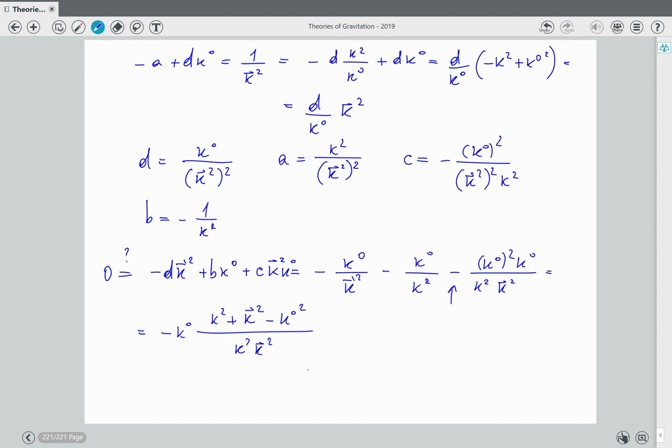The last contribution, I see, has a wrong sign. Here there is a wrong sign because I collected the minus, so the first two things are plus and the second one is a minus.